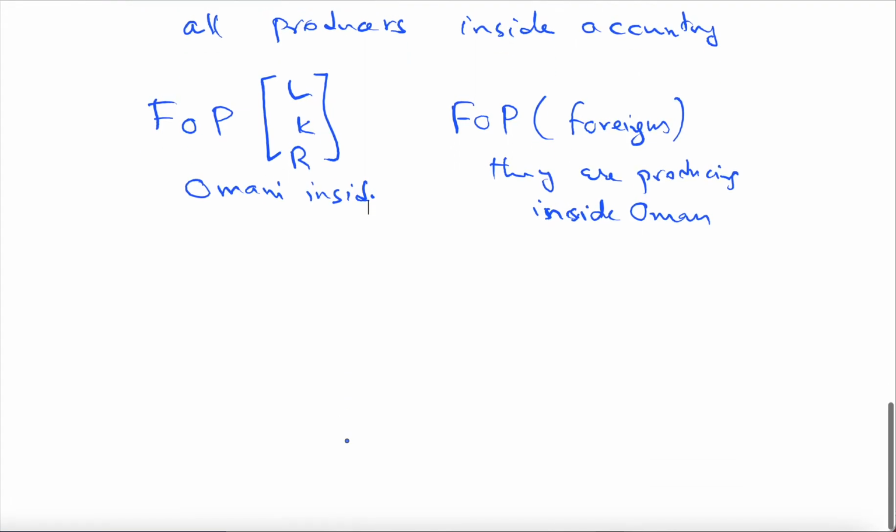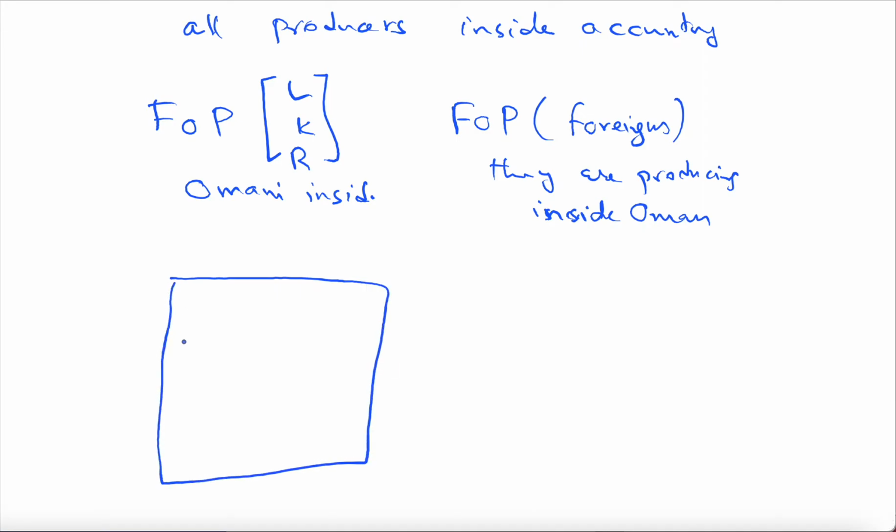So if this is the map, let's say this is the box which shows the map of the country, okay? And some of these firms, I use the blue cross. The blue cross are the citizens. So these are Omanis. And I use the green for the foreigners who are producing here.